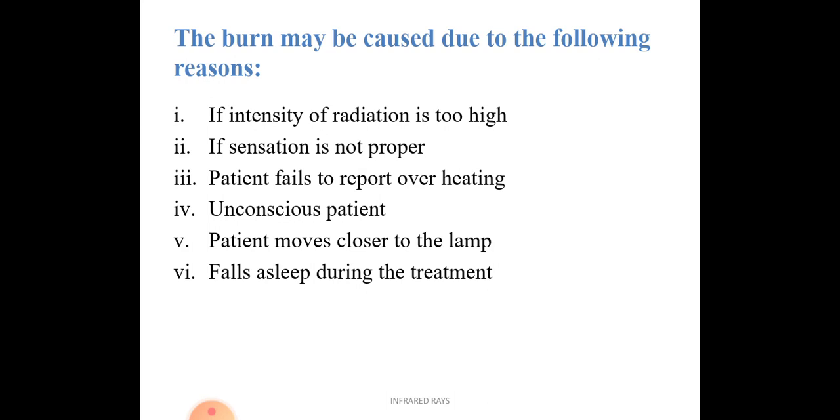So reduced sensation leads to increased intensity, so that will be patient-motivated increased intensity. Then the patient fails to report overheating. Many times it happens in case of reduced sensation. In an unconscious patient, definitely he will not be able to give feedback whether he is feeling more or less heat.